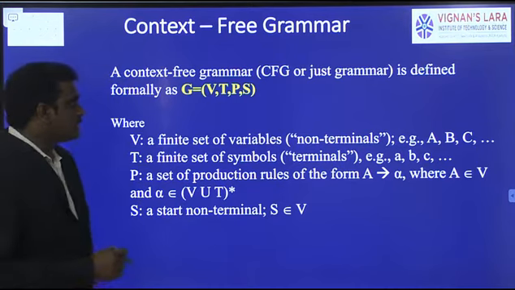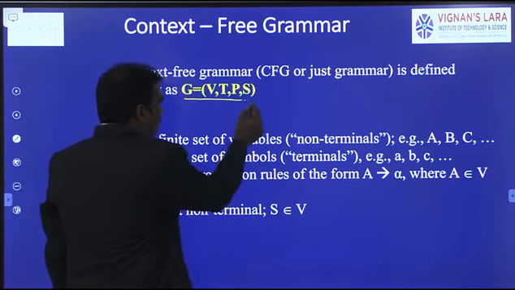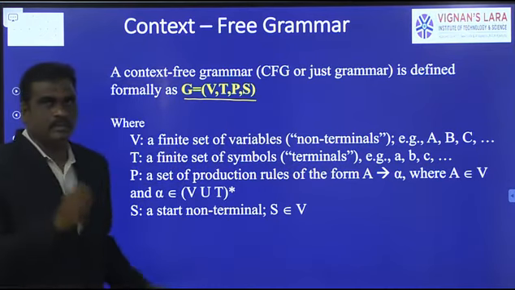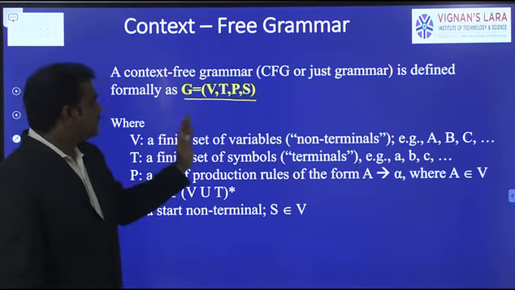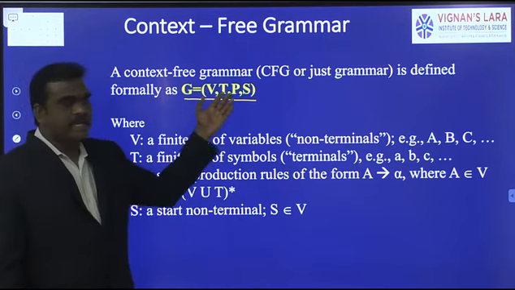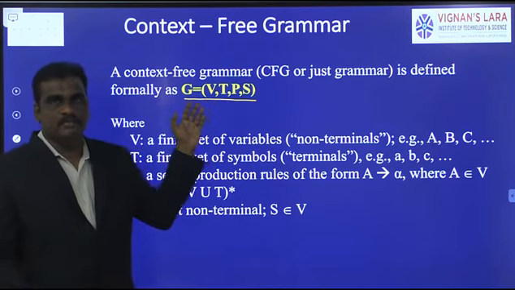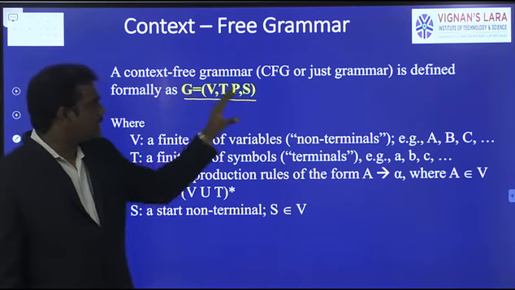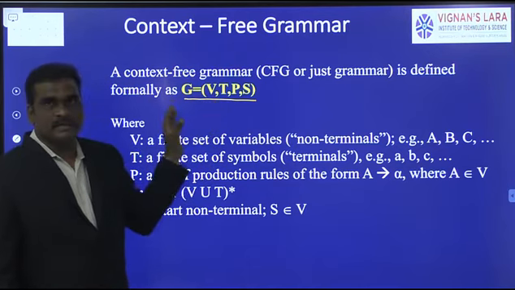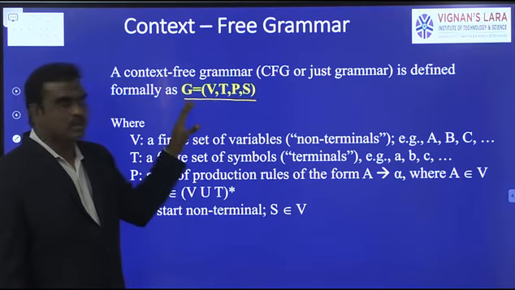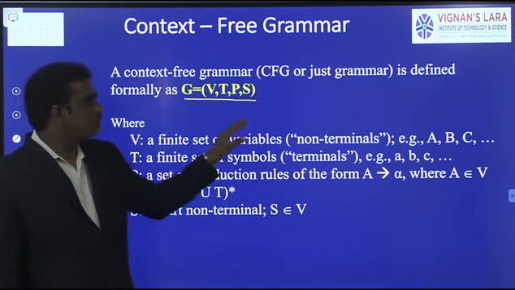All of you know that the grammar tuples are 4. If you take any grammar, the basic tuples are 4: G equal to (V, T, P, S).